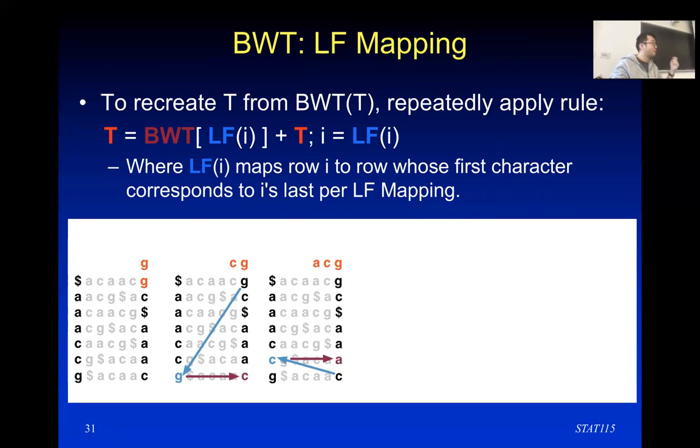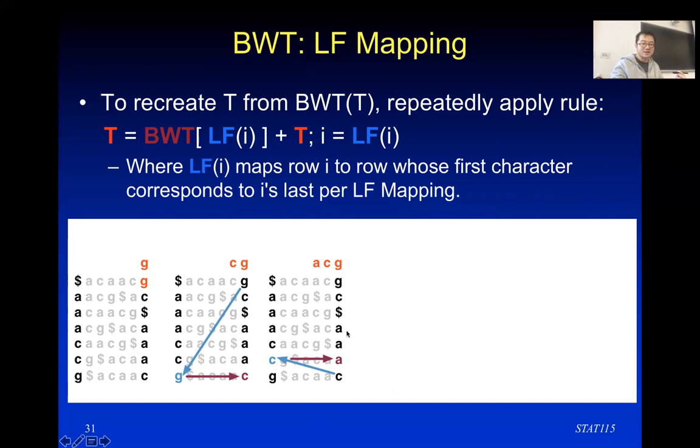And then we go to the first column and see this C corresponds to this C. And it's on this row in the BW matrix. And the nucleotide on that row in the BWT is nucleotide A. So we add A to the reference genome.